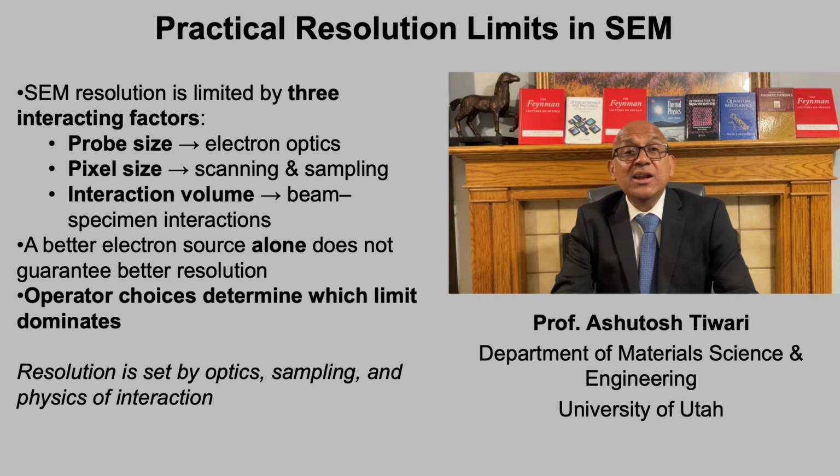Increasing magnification alone does not improve true resolution unless the optics, the sampling, and the physics of beam-specimen interaction are all appropriate. So far, we have discussed the first two factors, pixel size and probe size, in considerable detail. In the next lecture, we will focus on the third factor, the interaction volume, and how it ultimately controls where SEM signals originate and what information they carry.